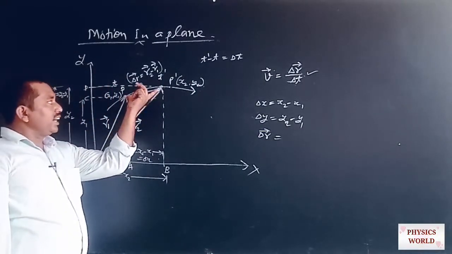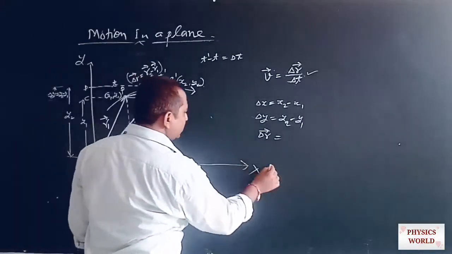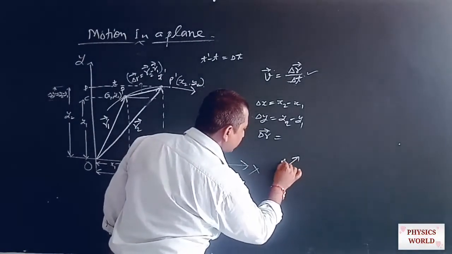Now the displacement vector delta r can be expressed in two different terms. Suppose this is the delta r vector.